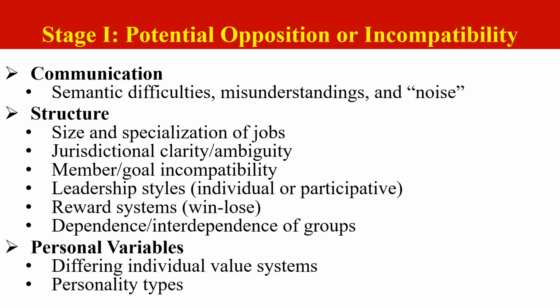Reward systems, now there is a win-lose system where the reward is limited to the recipients. For example, the person of the month or the worker of the month reward. Dependence or interdependence of groups. And lastly, there are the personal variables such as differing individual value systems and personality types.